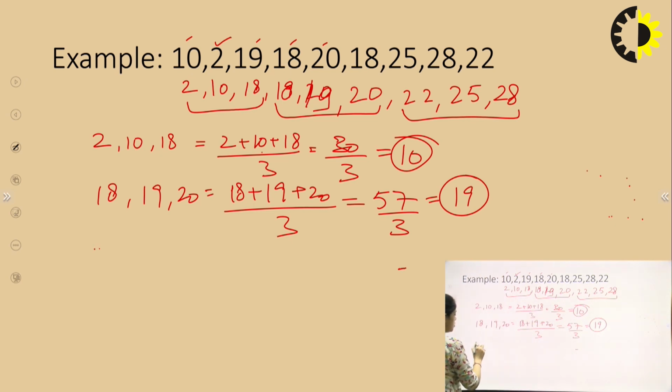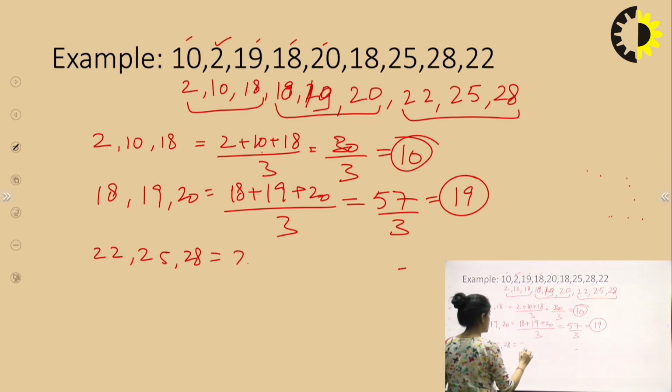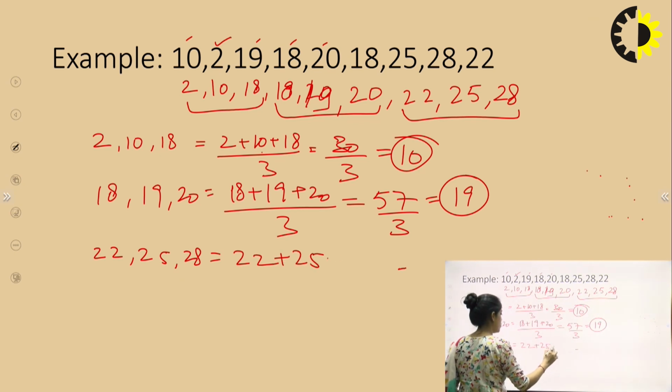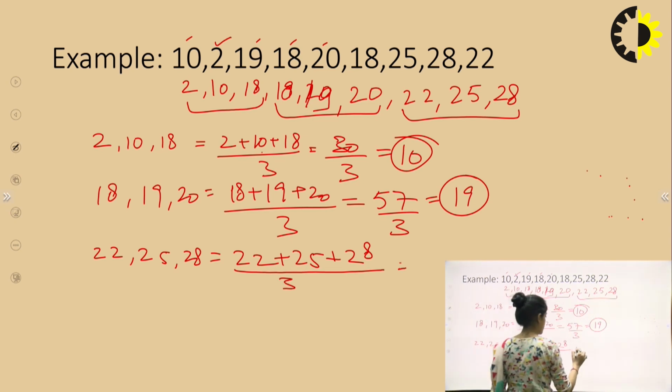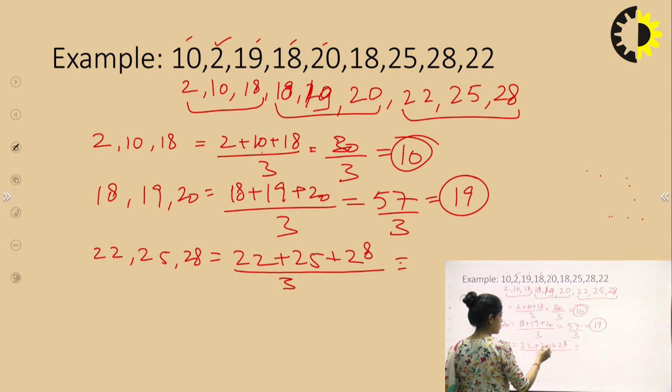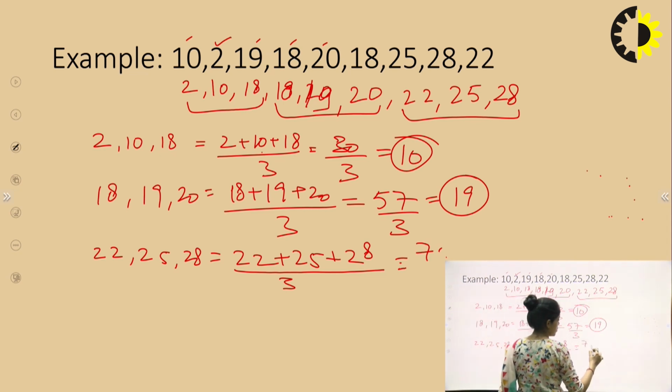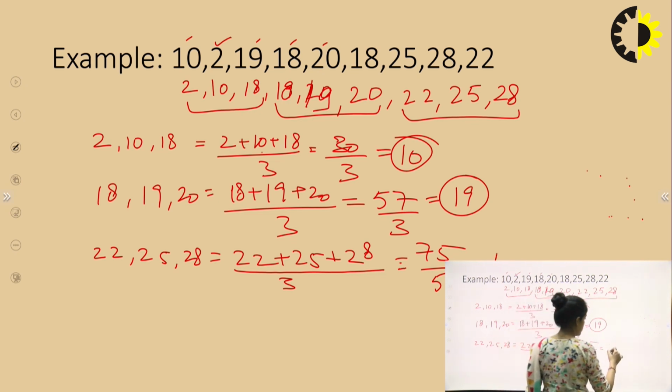For the last bin, 22, 25, 28, it will be 22 plus 25 plus 28 divided by 3, 75 by 3.